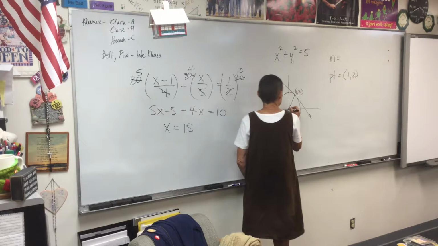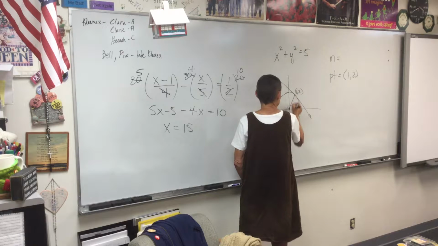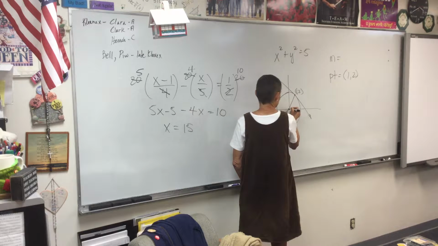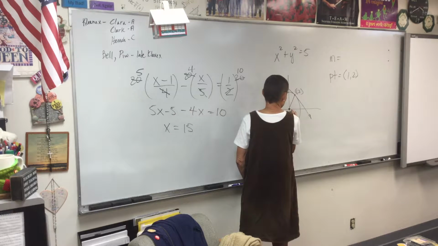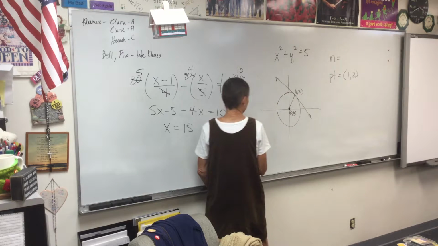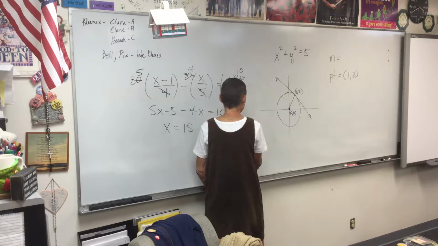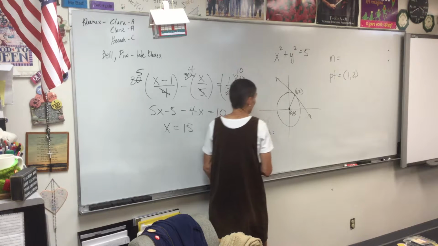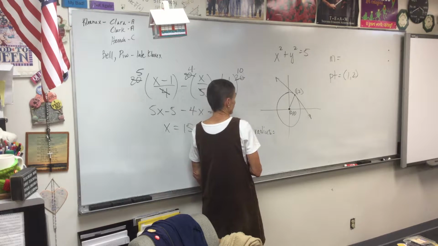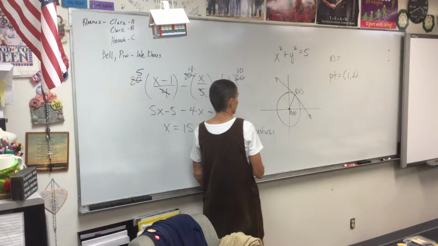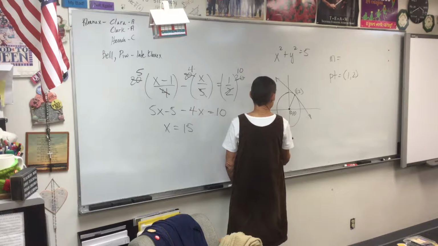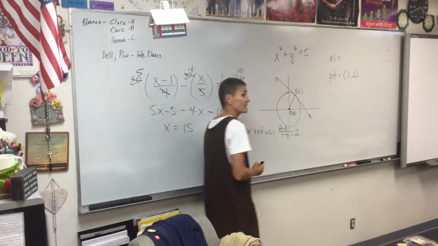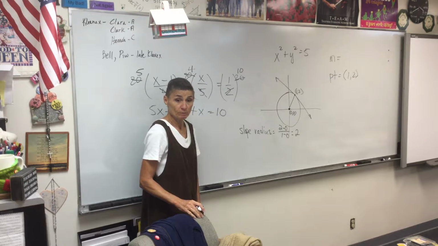Could we find the slope of that radius? Yes, because we know the center's at the origin, we know that point's 1, 2. So the slope of the radius would be what? It's 2 minus 0 over 1 minus 0. So the slope of the radius is 2.